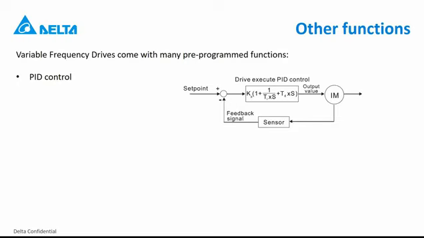In this type of application, you do not actually care what speed the motor is running at. For example, if you are trying to achieve a pressure of 6 bars, then all you really care about is that your pump will increase the speed when the actual pressure is below 6 bars and decrease the speed when it's above that. The reason it's called PID is because you have different gains, proportional, integral, and derivative, which you can set in the drive or in the onboard PLC of the drive.